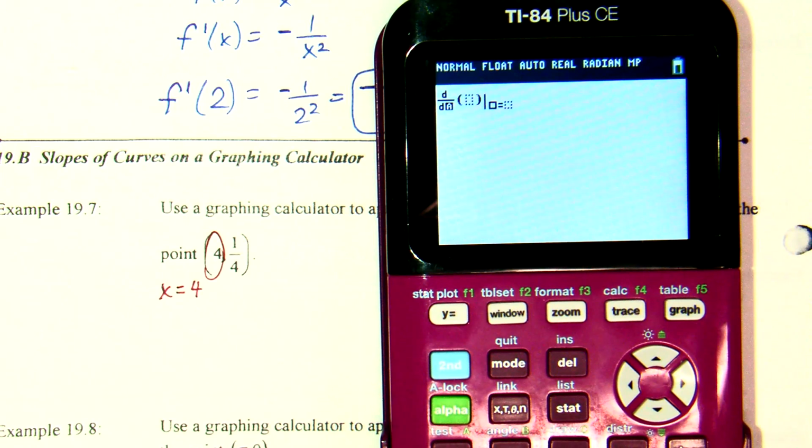Wow. It's like a life hack. Okay, now, right here, d over d blank. That is always your variable, so it will just be dx. In your parentheses is your function. What is the function we were given? 1 over x.